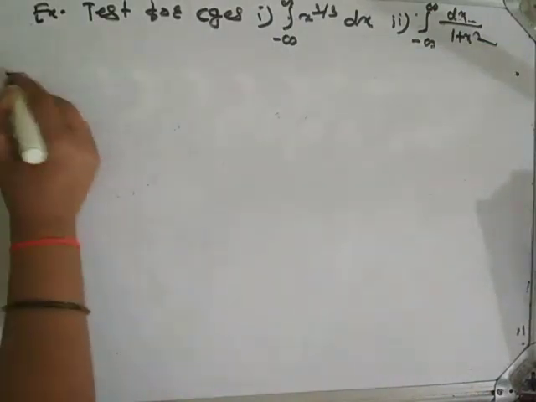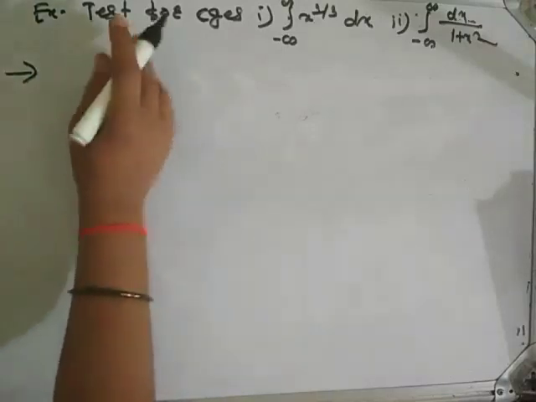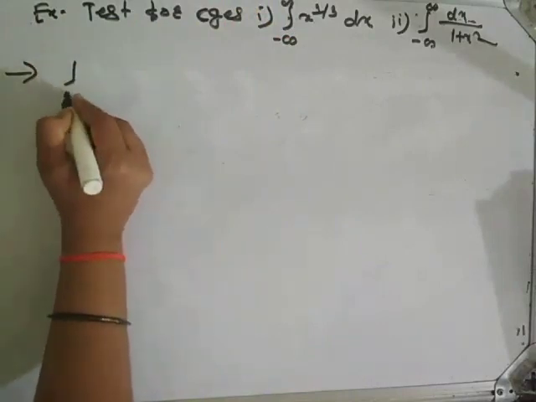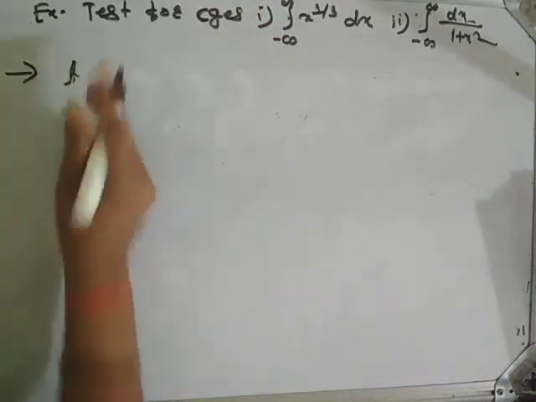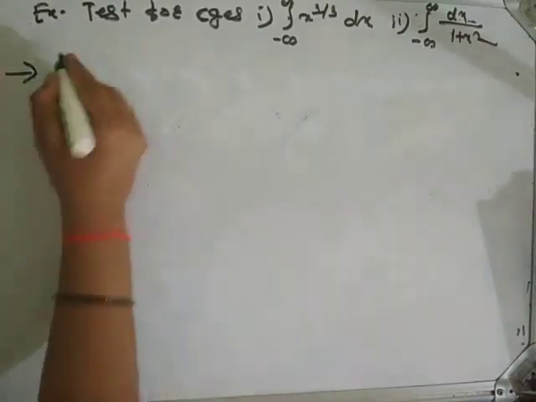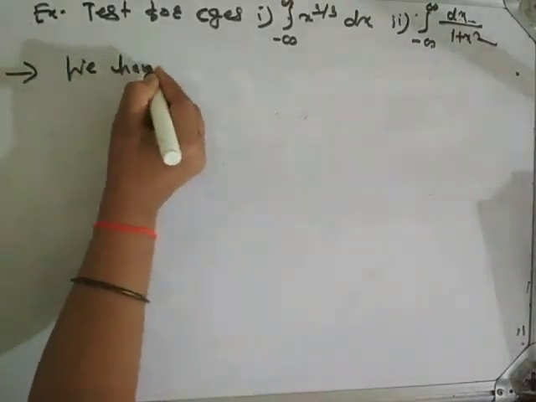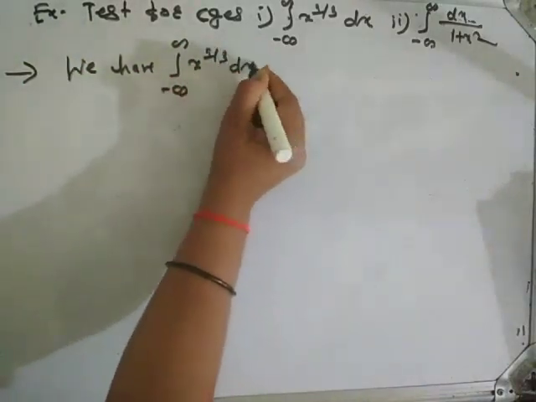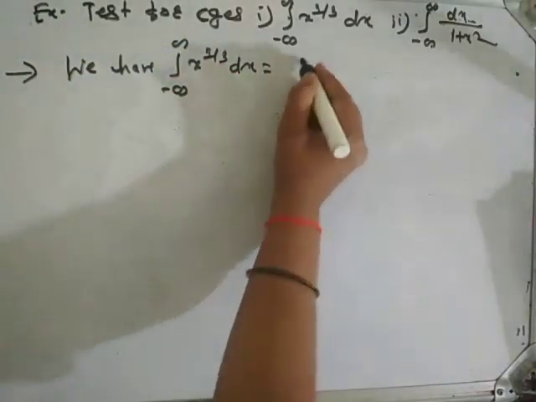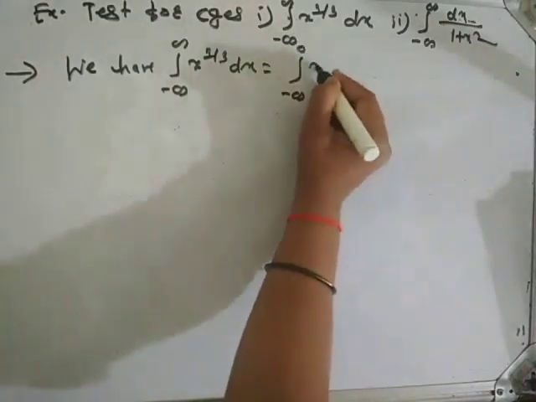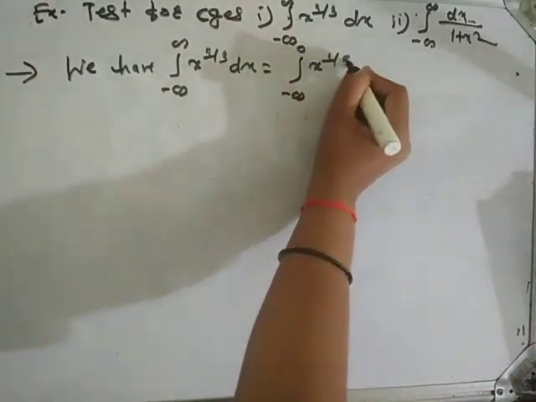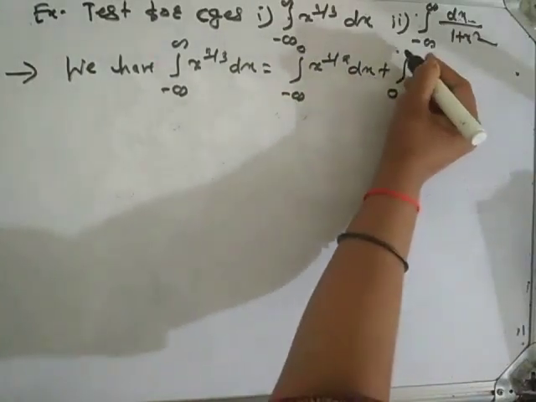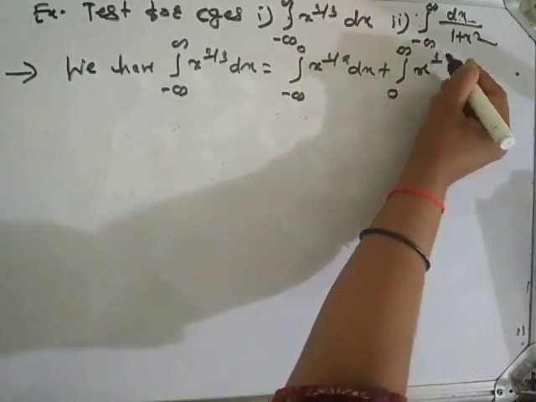Solution. Here, the integral from minus infinity to infinity of x raised to 1 by 3 dx can be written as integration from minus infinity to 0 of x raised to 1 by 3 dx plus integration from 0 to infinity of x raised to 1 by 3 dx.